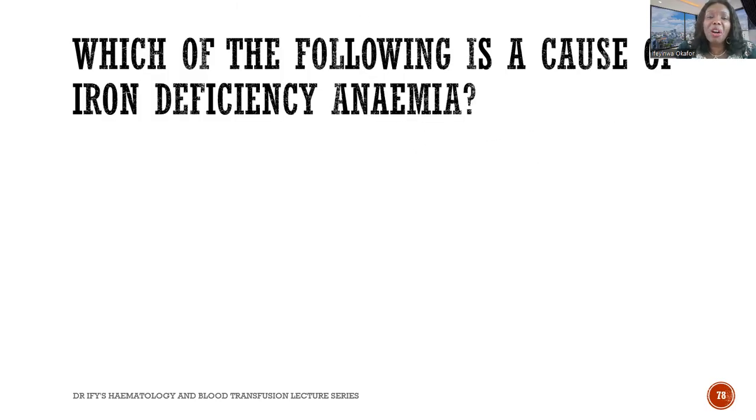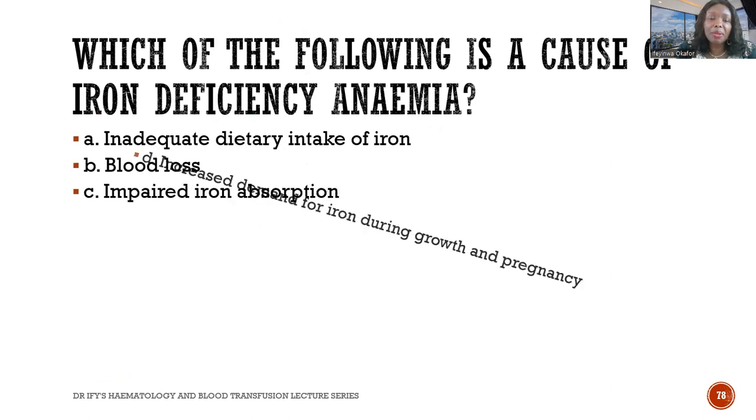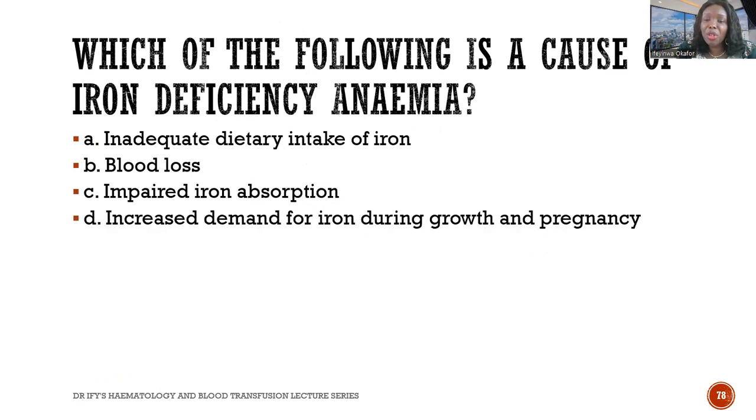Which of the following is the cause of iron deficiency anemia? Inadequate dietary intake of iron, blood loss, impaired iron absorption, increased demand for iron during growth and pregnancy, all of the above. Answer E, all of the above.